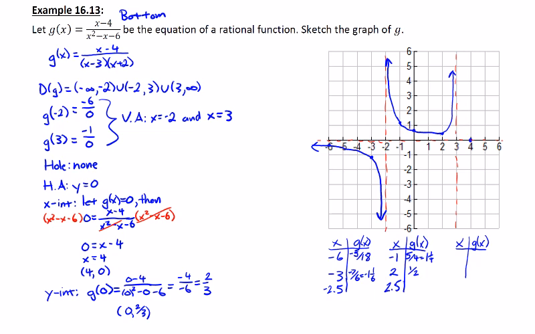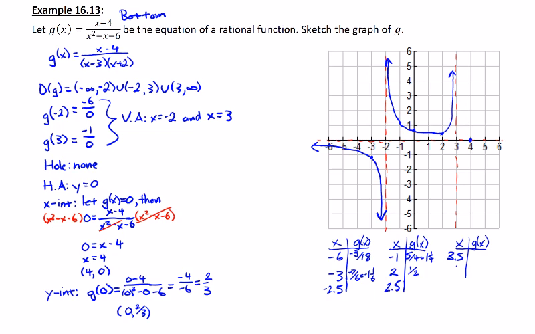For the last interval, I am going to need to start with probably 3.5, since I have an x-intercept at 4, but I don't really know what's going on in between the x-intercept and the vertical asymptote. So 3.5 will help with that.